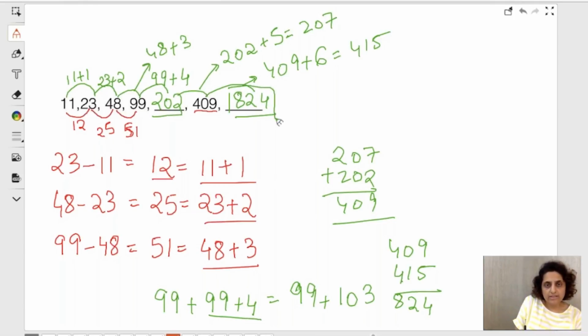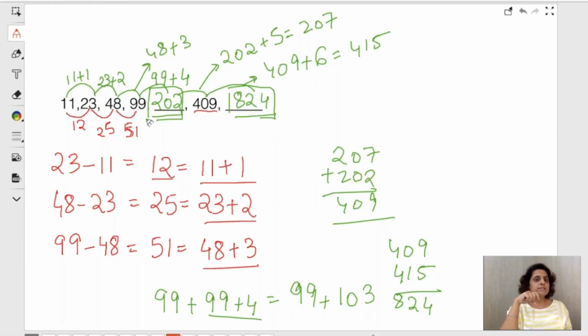So for the recap, let me just quickly brief you all. First step: in the given series, in the same way as in the previous sums, we took the difference between the consecutive terms, like 23 minus 11, 48 minus 23, 99 minus 48. The differences we got are 12, 25 and 51.